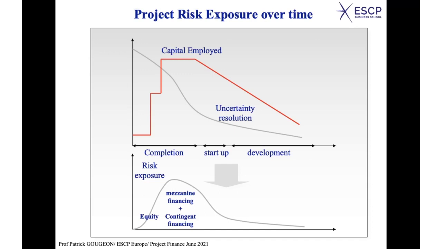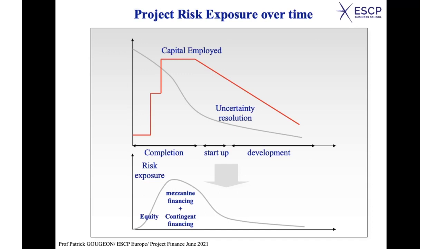If they accept risk, it means they will have a higher return, okay? So they still have priority over equity holders, but they still take risk as lenders because the level of risk is still high. But we don't need this type of lenders any longer when the risk exposure has decreased.